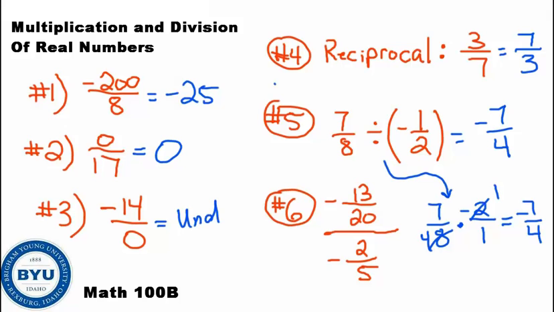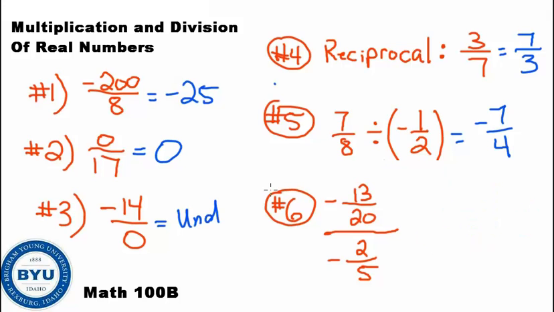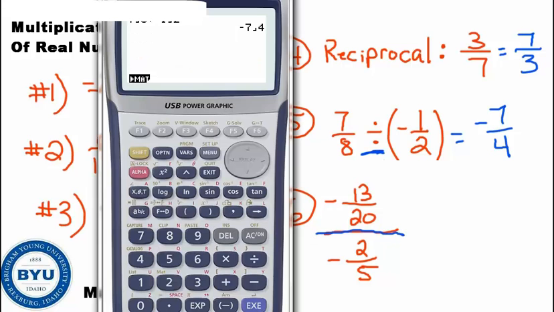On this last one, that may look a little confusing. It's a fraction divided by a fraction. It basically is the same as this, except we've got one big line, and so we are doing division here. And so we would do negative 13/20 divided by negative 2/5.